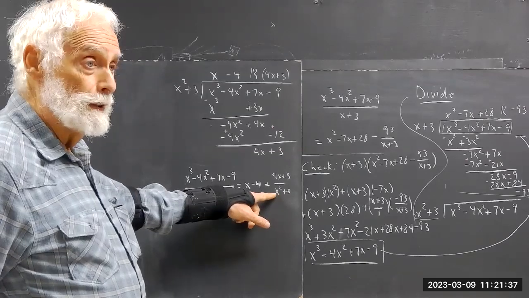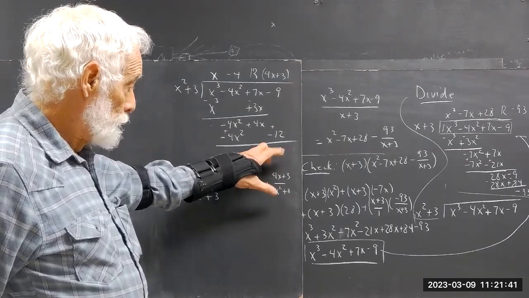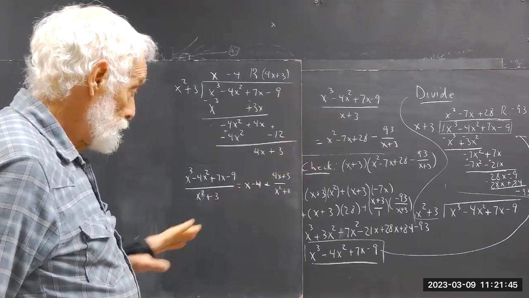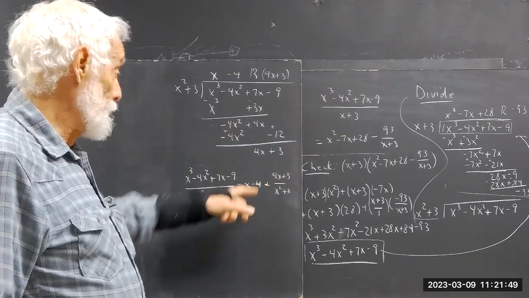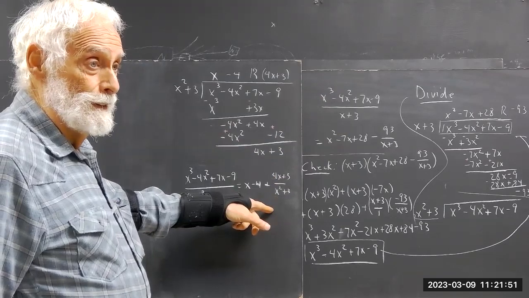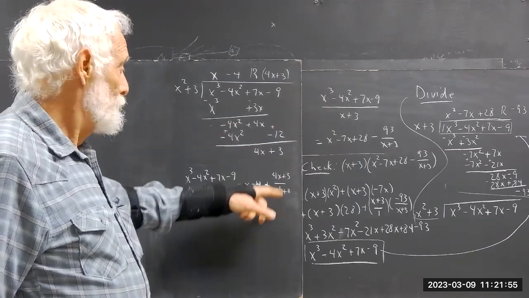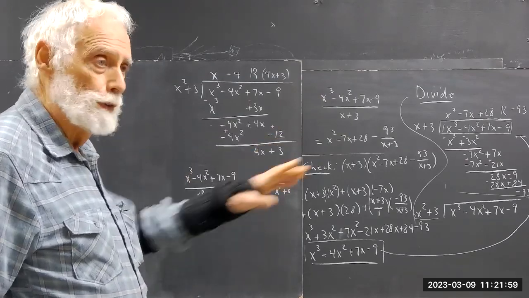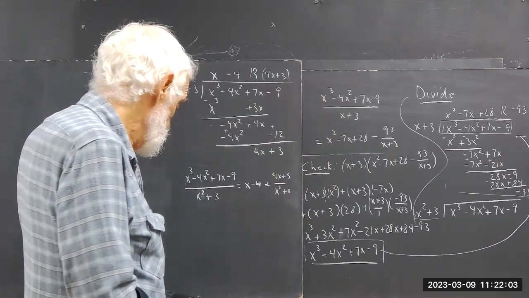And when x gets big, this gets much smaller than this. So this term shrinks to 0. So it's going to be like the graph of the x minus 4 function plus some other function that does something. But when x gets big, whatever this does, that doesn't change that x minus 4 graph by very much. Okay. Well, again, just something to look forward to. All right.